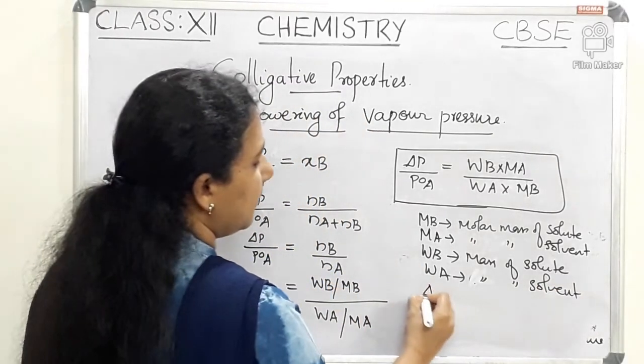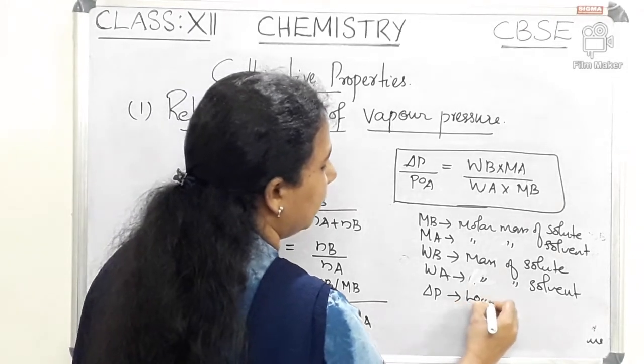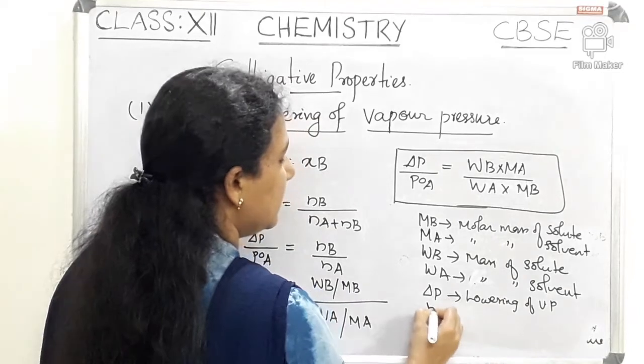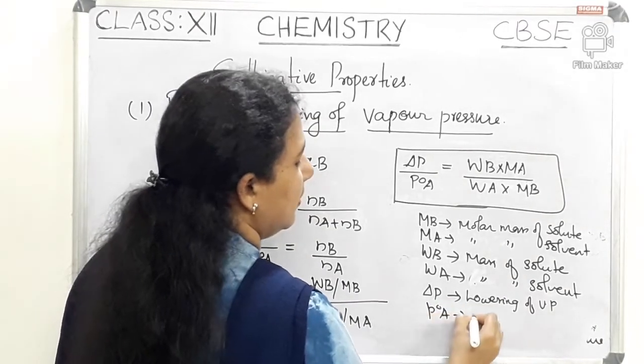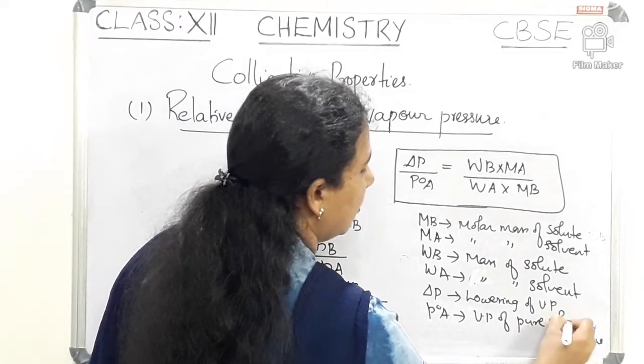Delta P means the lowering of vapor pressure, and P0A is the vapor pressure of pure solvent.